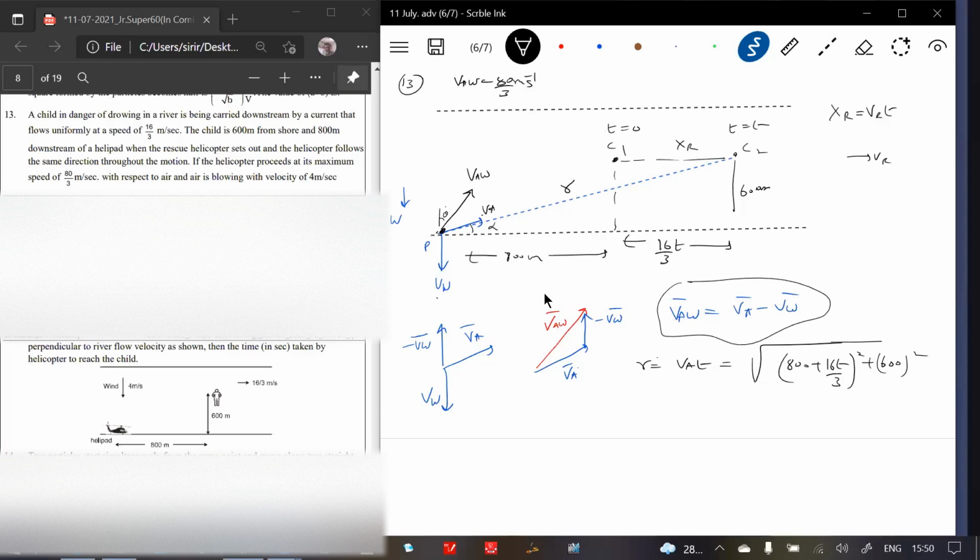The resultant, the method here is like this. You know the magnitude, but you don't know the angle between them. So take help of all the possible geometry you have.